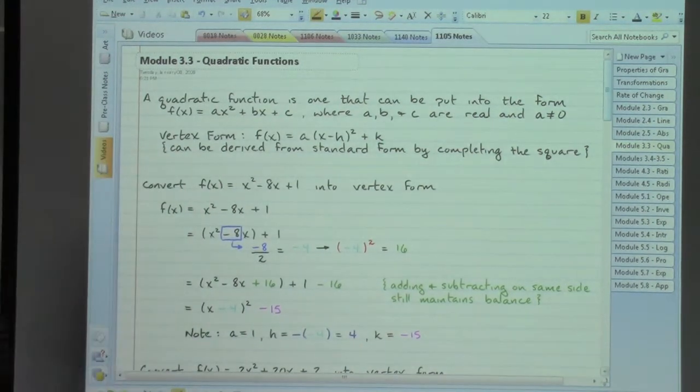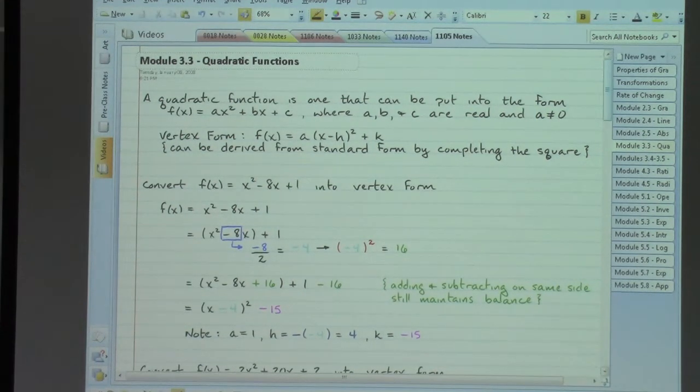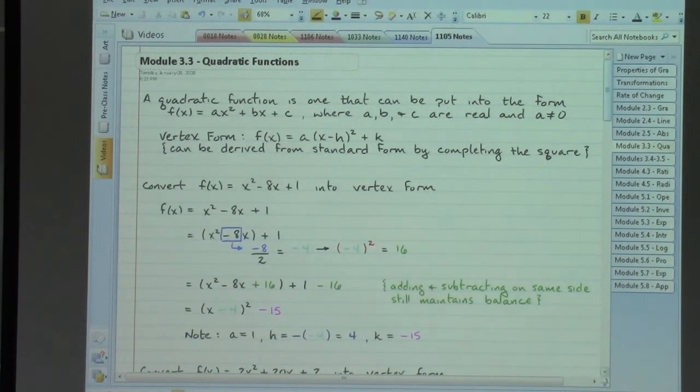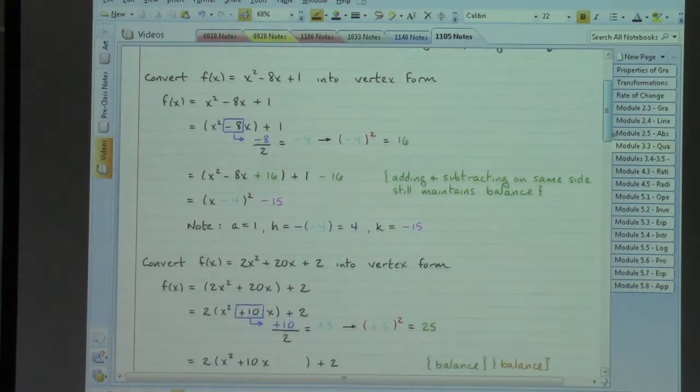Let's look at another example, one that is different because it has something other than a equals 1.